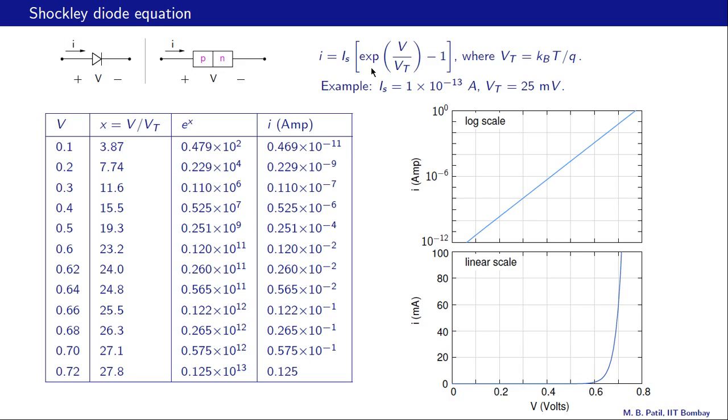So we are talking about e raised to minus 40 over here, and that is very close to 0. So therefore I is Is times 0 minus 1, or minus Is, and Is is a very small current, 0.1 picoamperes in this example, and therefore for all practical purposes we can say that the diode current is 0 when the diode is reverse biased, that is when V is negative.